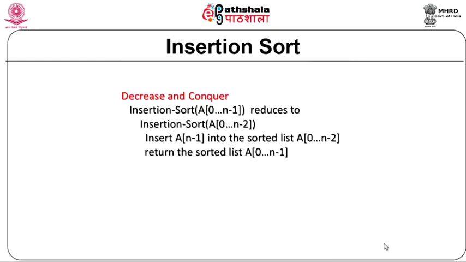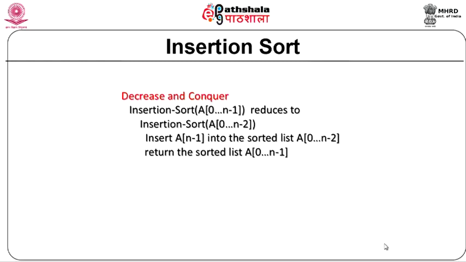First we will take insertion sort. You can recollect how the decrease and conquer strategy works. A problem is reduced to a problem of a smaller instance. That means the problem of sorting an array A from 0 to n minus 1 is reduced to a smaller problem. The problem is the same as the original, but with a reduced instance.